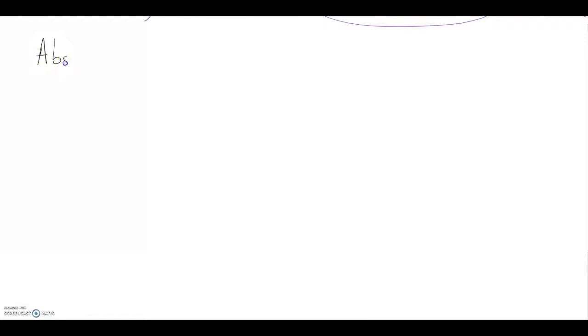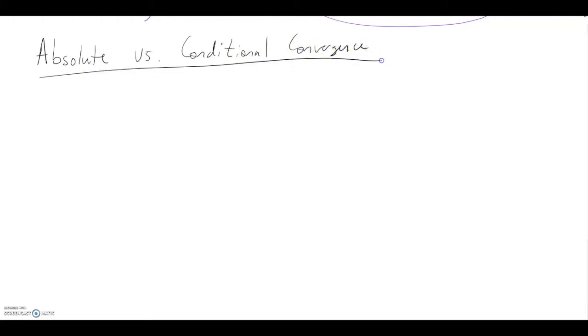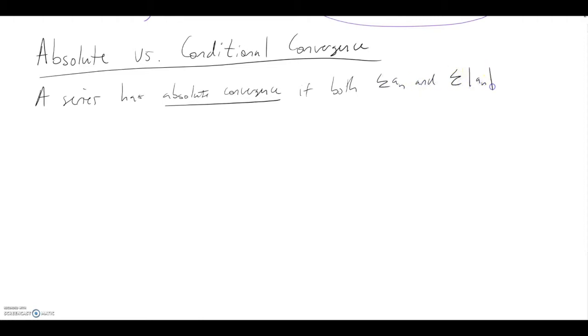And the last thing we'll do in this lesson is to define the difference between two new terms, which are absolute versus conditional convergence. We can say that a series has absolute convergence if both the series of its terms and the series made up of the absolute value of its terms converge.